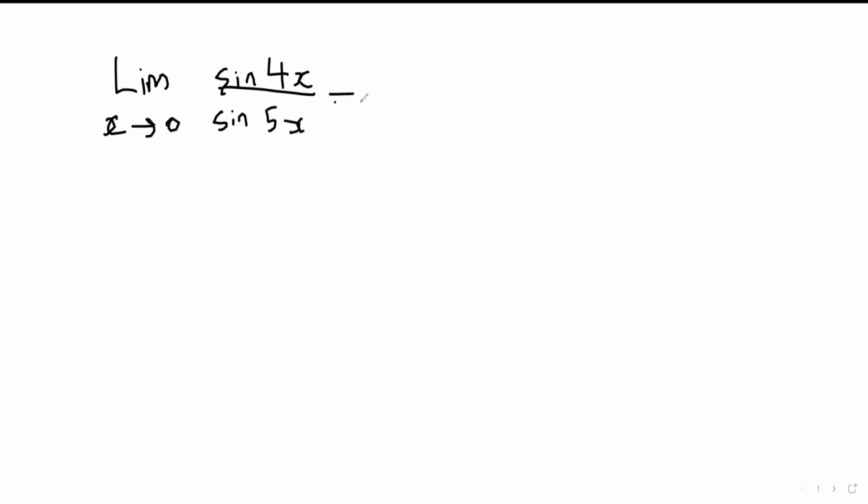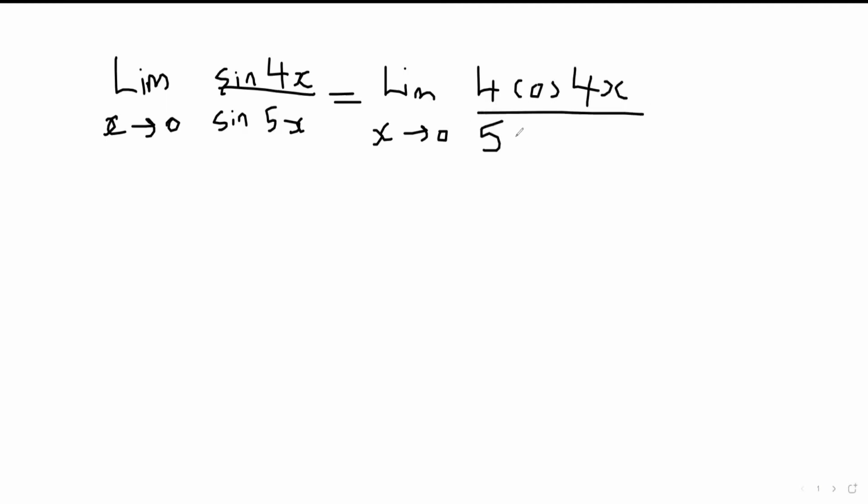So this will be equal to the limit as x approaches 0 of the derivative of the numerator. When we differentiate sine, we get cos, so we get 4 cos 4x. Then we differentiate the denominator, and we get 5 cos 4x.